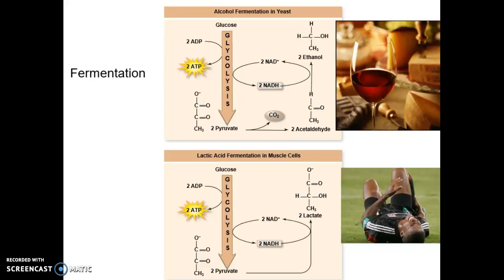So the bottom example or diagram here shows lactic acid fermentation in muscle cells. Anybody who's ever exercised, you've felt that fatigue, that cramping. This athlete laying on the ground has a cramp. That's what's happening. Most of the time people associate cramps with, oh, I'm low on potassium or this or that.